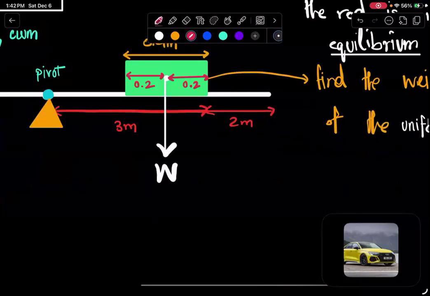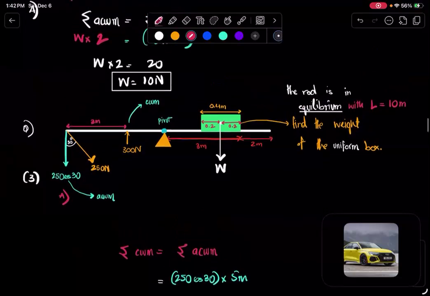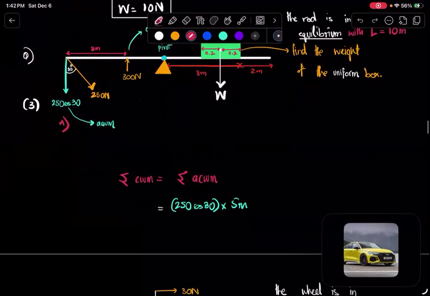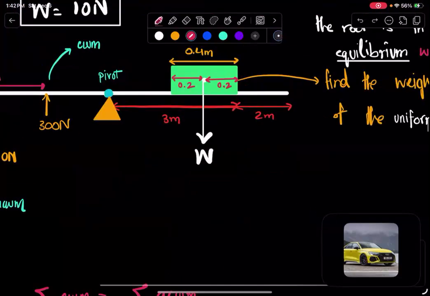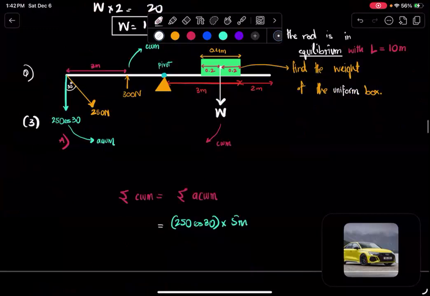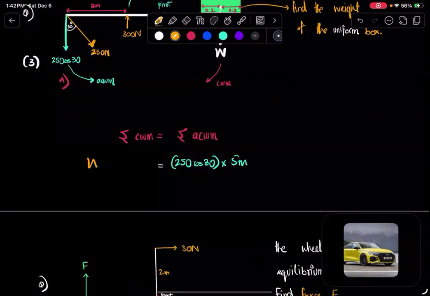So now think about it. How do you write the expression of moment for this box? By the way, this is going to make the bar turn clockwise. What is the expression for that? That's going to be W multiplied by what distance?